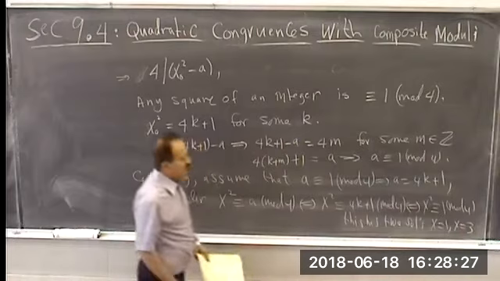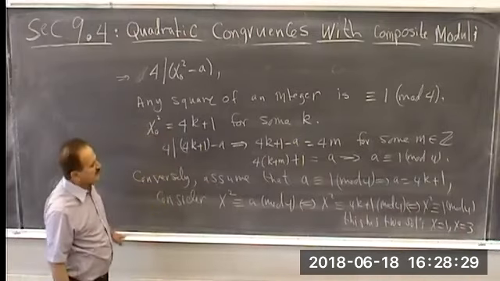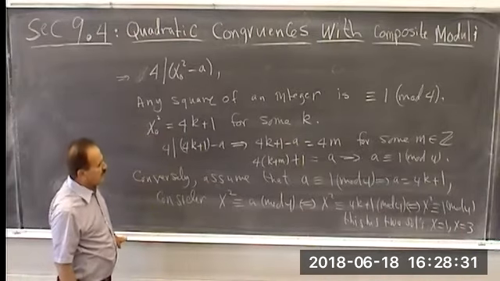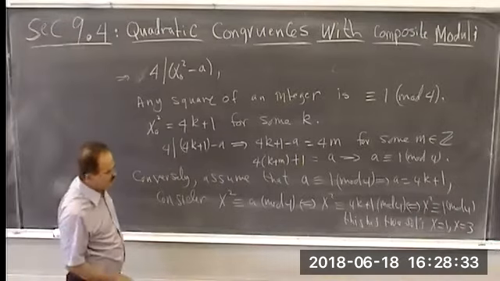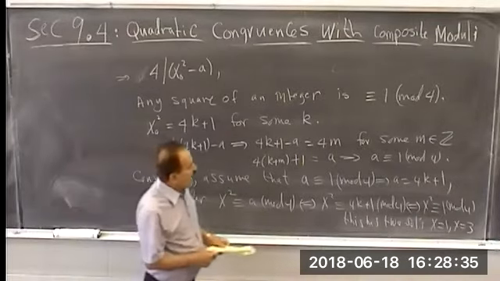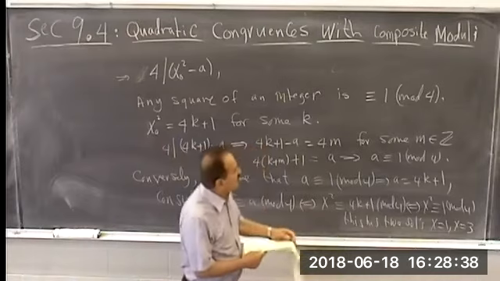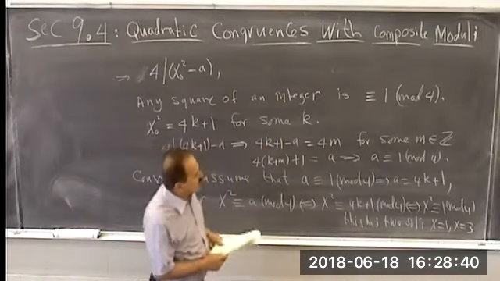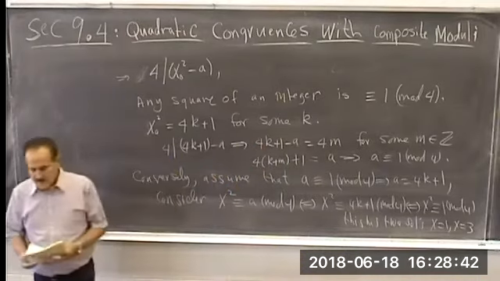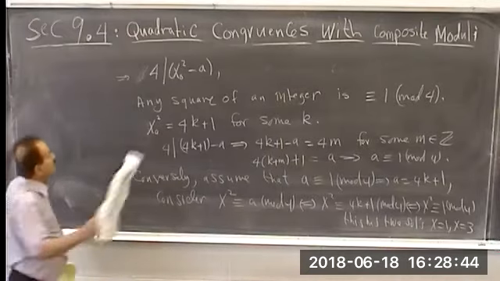So 1 squared is 1, minus 1 gives you 0, and 9 minus 1 is 8, and that is divisible by 4.